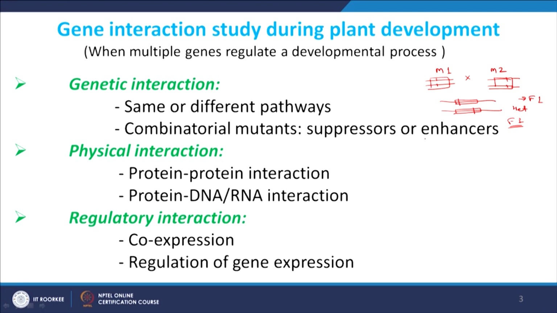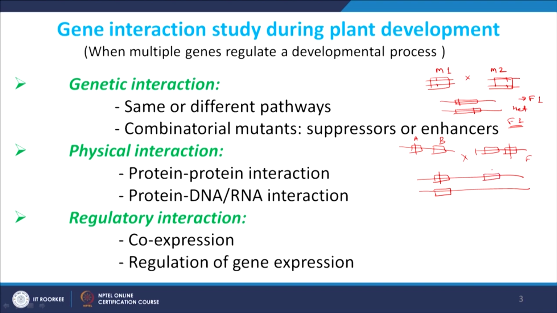On the other hand, let us assume that in this mutant the mutation is in gene A, and there is another gene B which is also playing a role in the same developmental process, and in the second mutant the mutation is in gene B, but both are homozygous. When you cross them and go to the F1 generation, you will have gene A disrupted from one plant, but you will have a normal allele of A from the other plant.